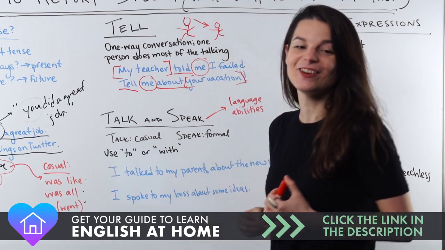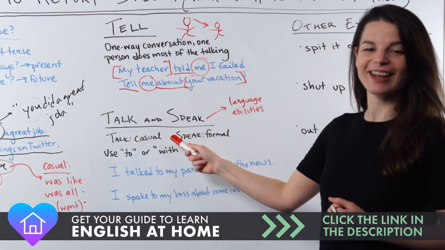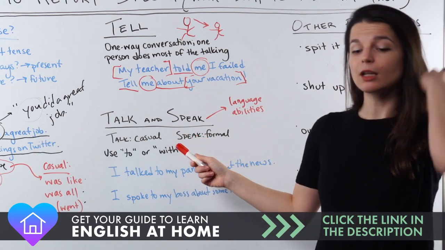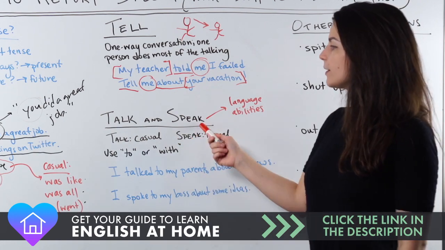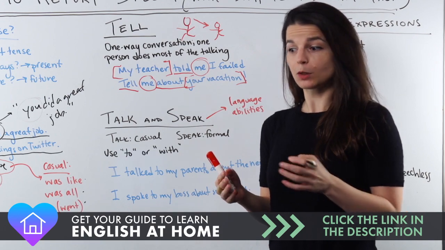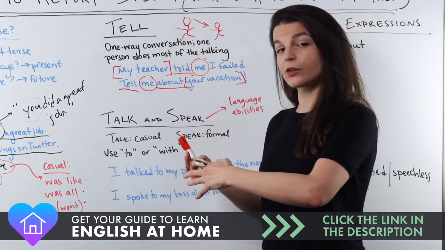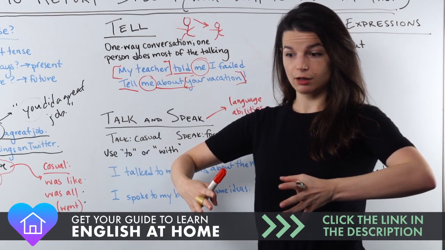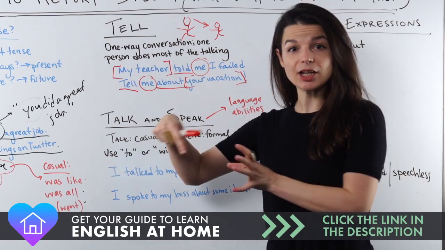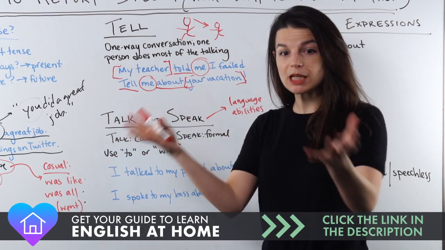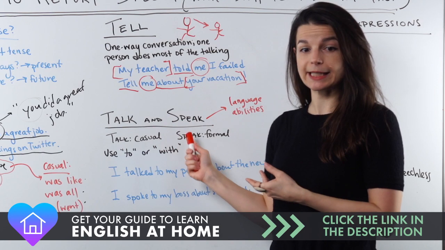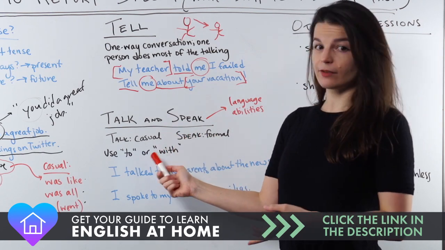Okay, let's continue on to talk and speak. So talk and speak, we use these in the same way. When we are describing a conversation, so that means like a discussion, two or more people, we use talk and speak to do that. What's the difference?